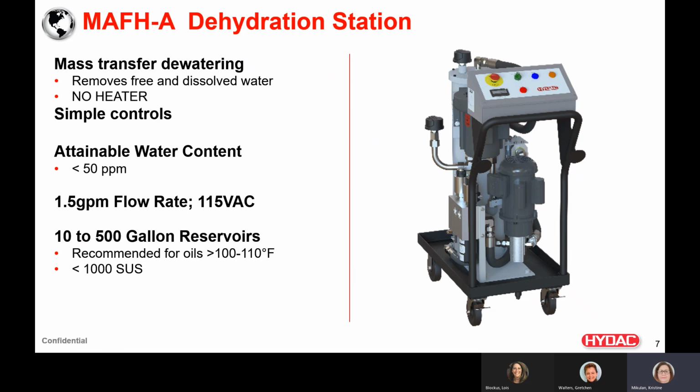We can achieve that 50 parts per million water content, but the flow rate here is approximately 1.5 gallons a minute, and it uses standard 115 volt 60 hertz single phase power. This unit is designed for very small reservoirs, 10 to 500 gallon reservoirs. But the caveat with this is that oil needs to be greater than 110 degrees Fahrenheit for optimal water removal, and it is for fluids less than 1,000 SUS.